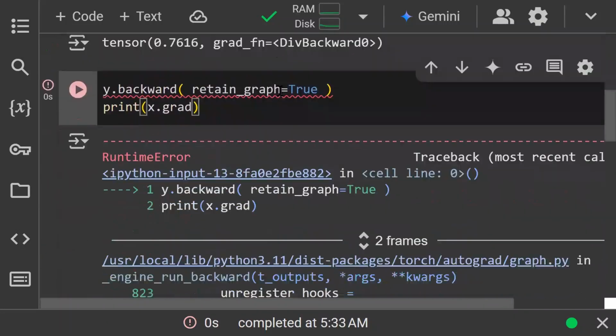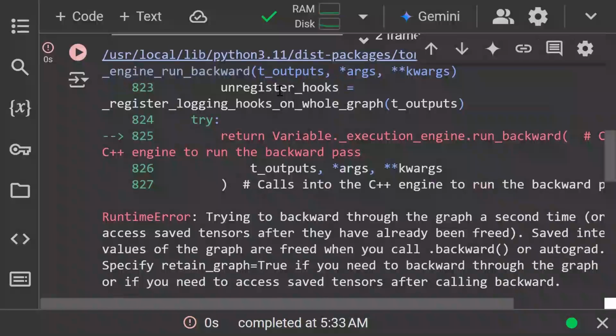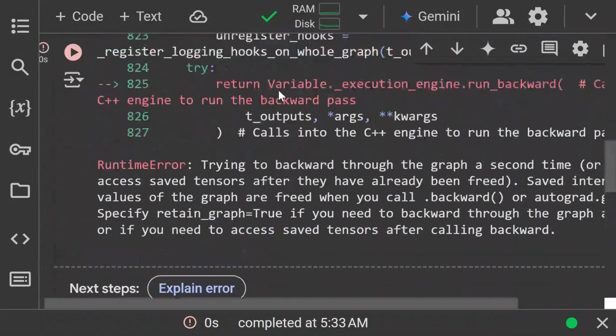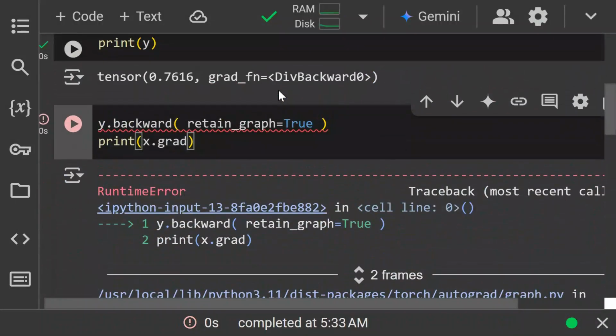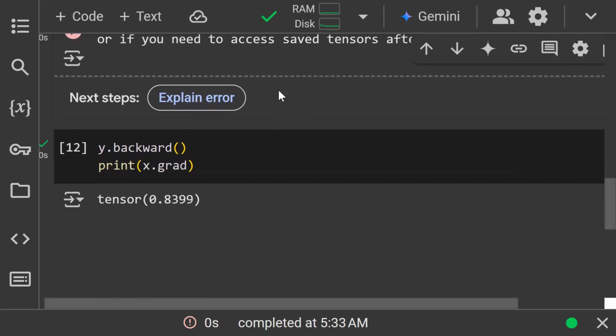Well, since I already got the error, I ran this one and then crawled back up, ran this one again. Now there's a runtime error because the second time I ran backward, I didn't turn on retain graph, right? So it has already destroyed the computational graph. So by the time I run backward the third time, now it complains.